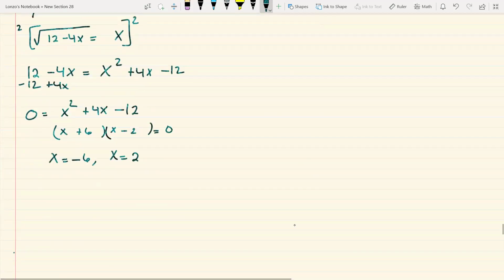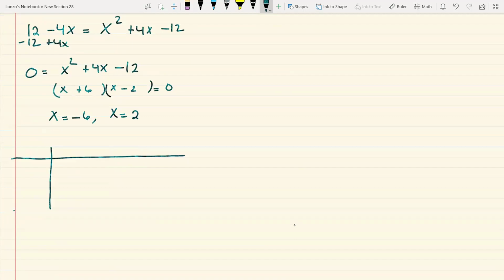Okay, and then if you make a table, x, y, says y equals plus or minus the square root of 12 minus 4x. So we can only go from negative 6 to 2, so we'll use negative 6.